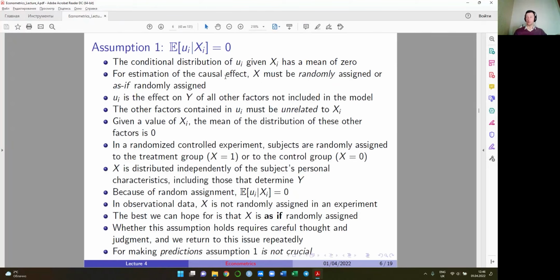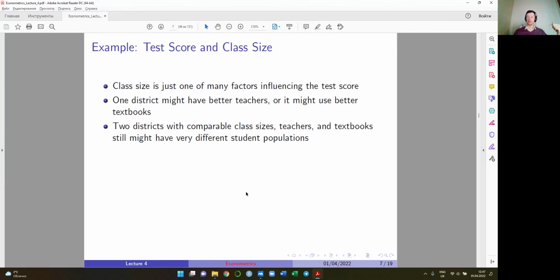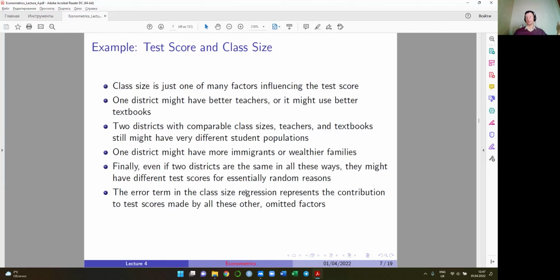this assumption always holds if you run the randomized experiment. Once you don't do this because of the observational data, you need to start thinking about the omitted factors and if these factors are connected to, for example, class size, to X. And if they are, this assumption doesn't hold.